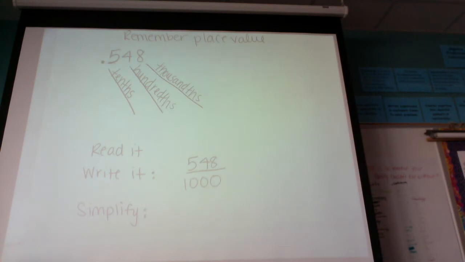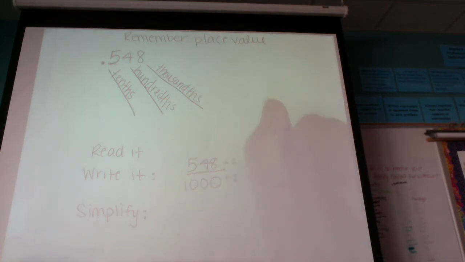All right, here's where I'm going to have to look for those common factors to divide them both by. Well, I know they're both even numbers, so I'm going to start by just dividing each of them by 2. It's going to give me 500 on the bottom and 274 up top. Oh, they're both even, so I can divide them by a 2.